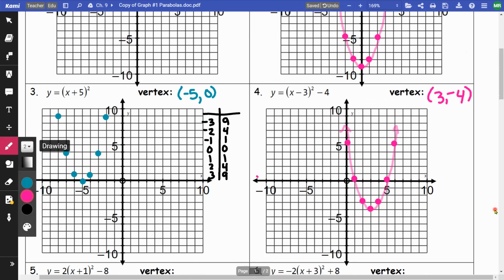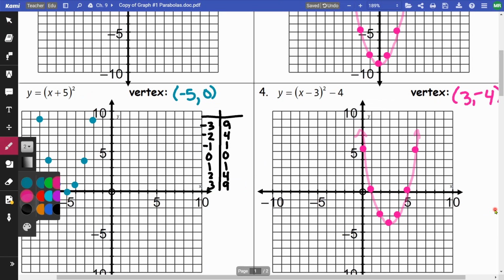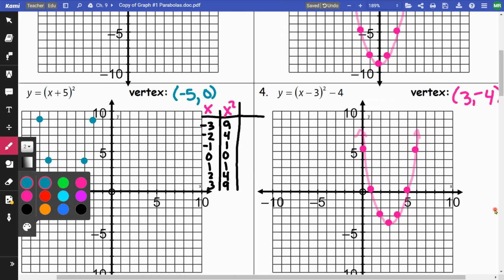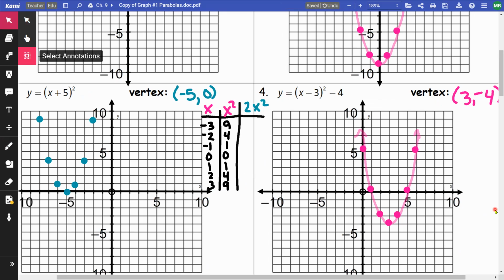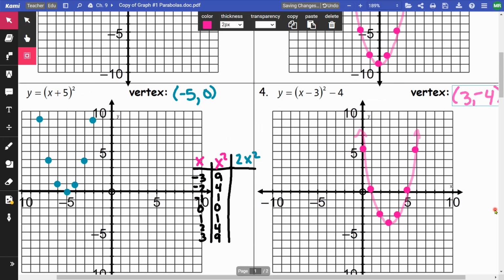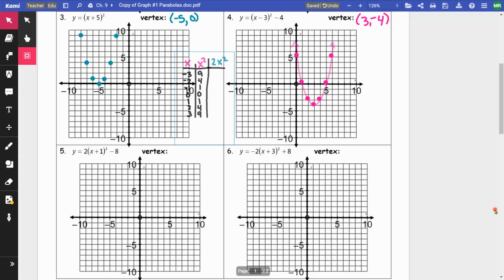And let's say that I add on to this. So this was my x's, this was my x squared. And let's say that I make another column, but this time I have it be 2x squared. Let me just move this down.